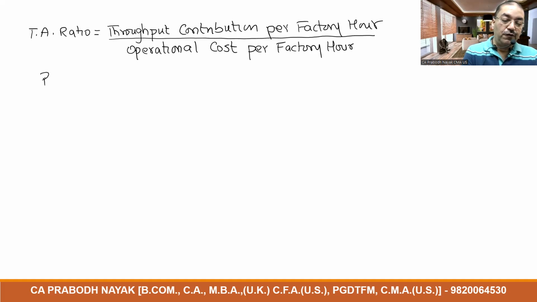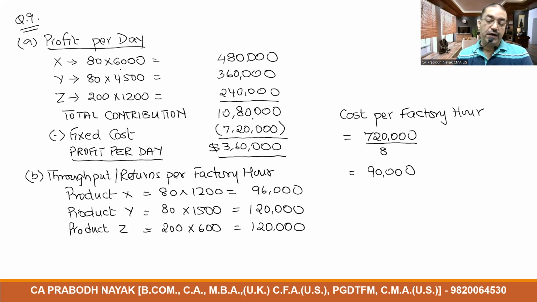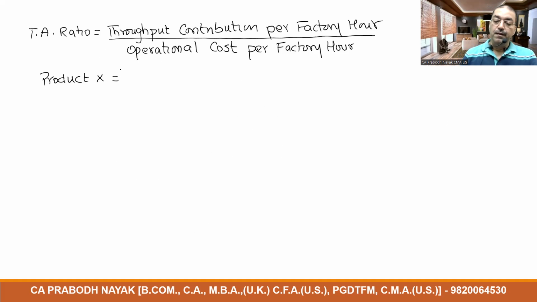So for product X, we have calculated throughput contribution per factory hour as 96,000. So 96,000 divided by 90,000, we'll get 1.07.